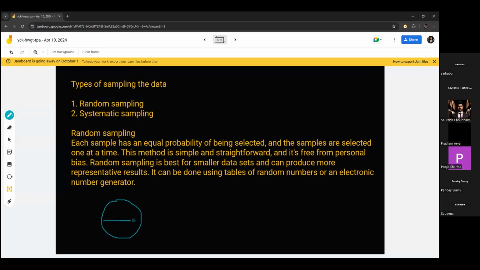Suppose we have four portions in the world, every data has the probability 1/4, 1/4, 1/4, 1/4. That's why it says that every data is equally probable. It's not biased, free from bias.